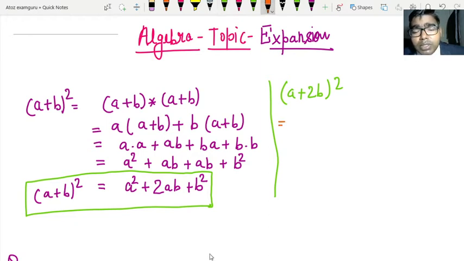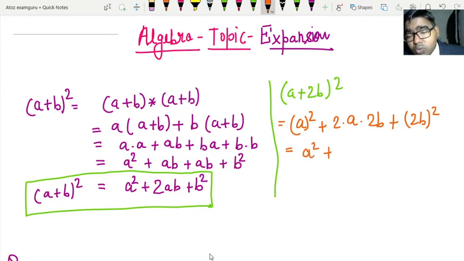Simply square of the first term, that is a square, plus twice of the first term a into the second term, plus b square means the square of the second term, that is (2b) whole square. You can write it as a square plus 2 into 2, it becomes 4ab, plus 4b square.